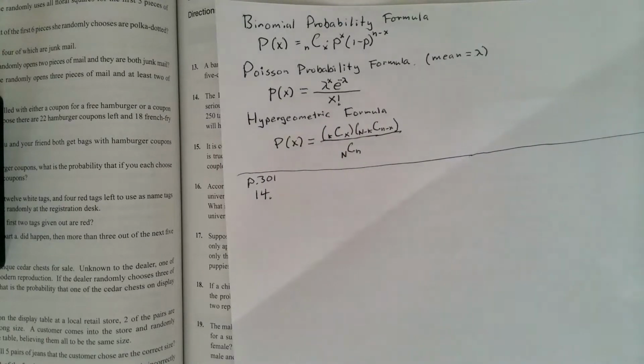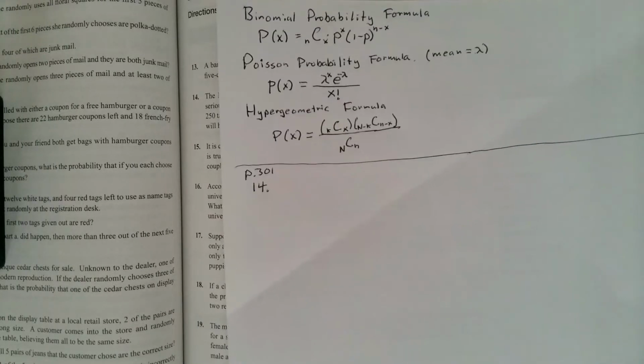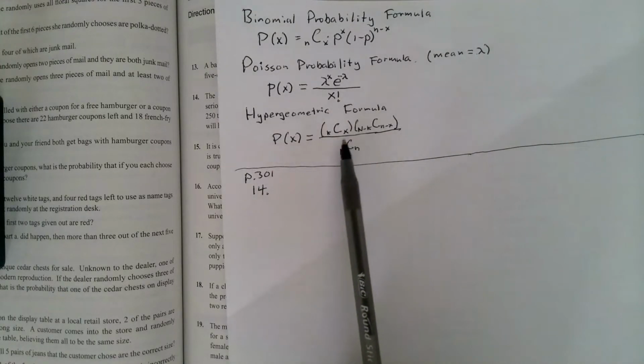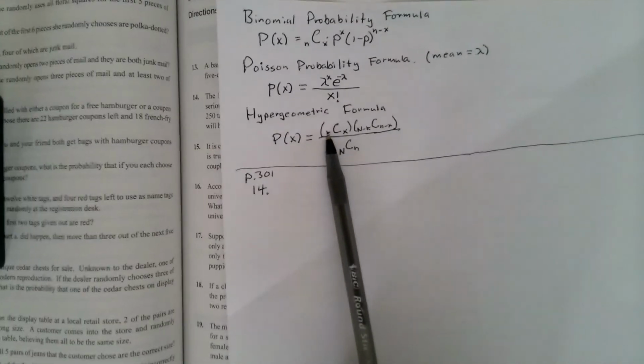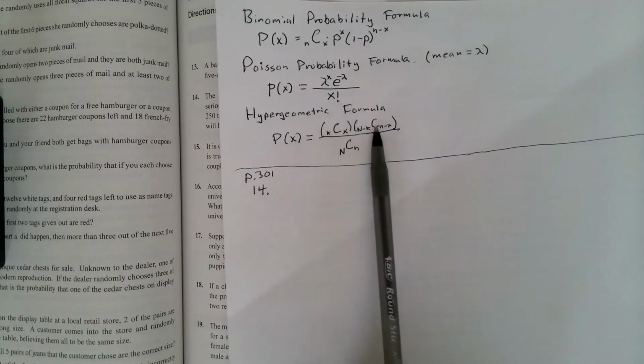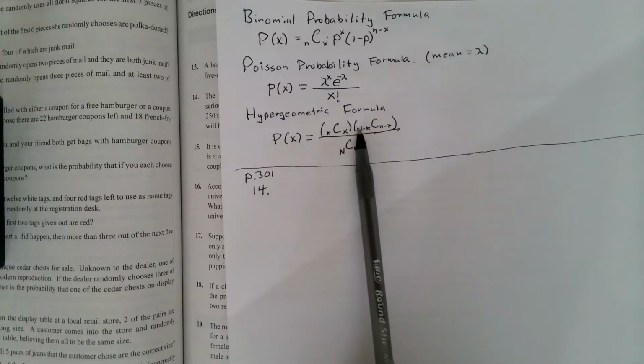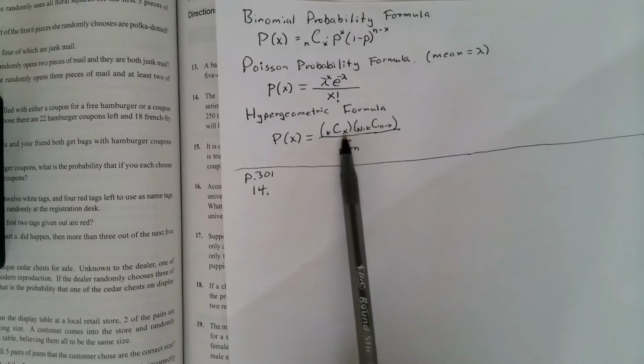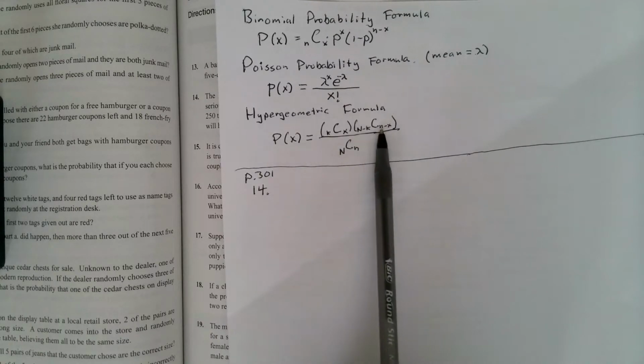K would be the number of marbles of type 1, let's say red marbles. N minus K would be the number of marbles of type 2, let's say green marbles. Then X, out of the selection of n, is the probability that you select x of type 1 and n minus x of type 2.